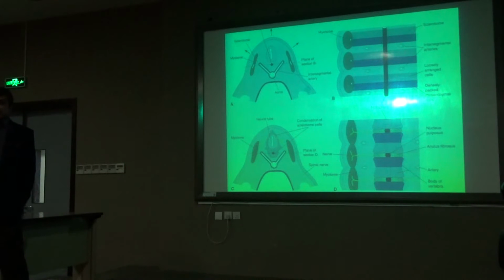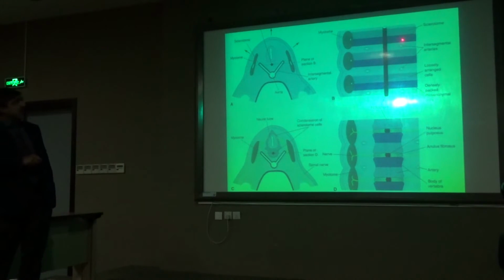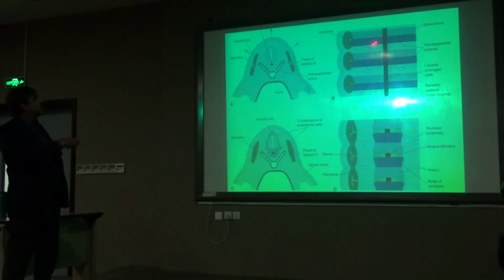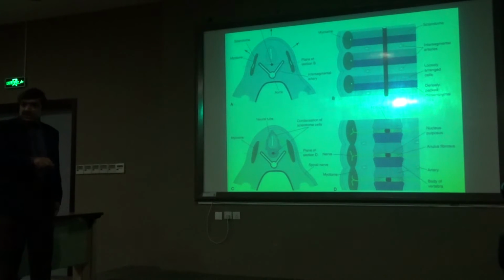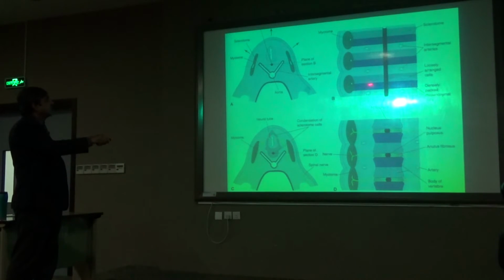The sclerotome has two colors, right? The dark color is below. The light blue color is above. One sclerotome grows in this region, in the middle of the colors. Another sclerotome grows in this region, between the colors. The third sclerotome grows here.